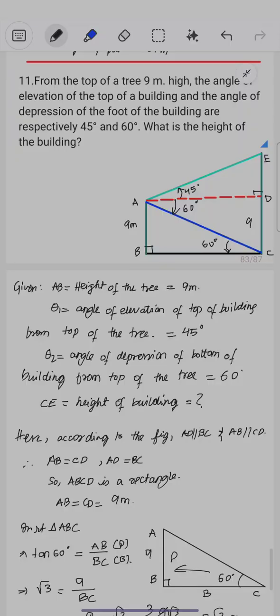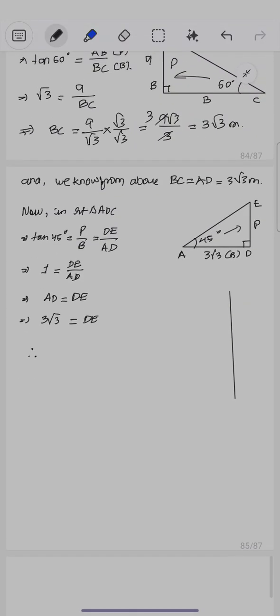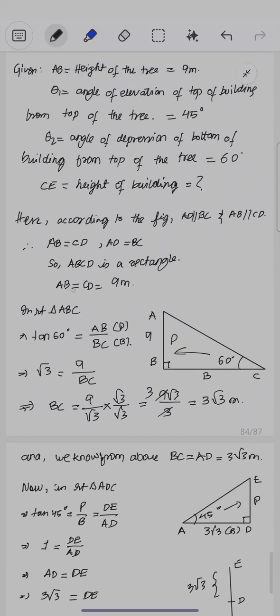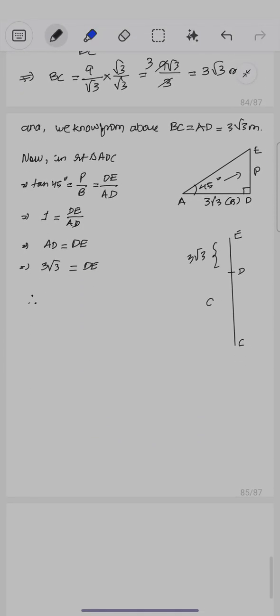In the diagram, CE is the sum of CD plus DE. DE we found is 3√3. And DC is equal to AB, so DC will be 9. Therefore CE equals CD plus DE.